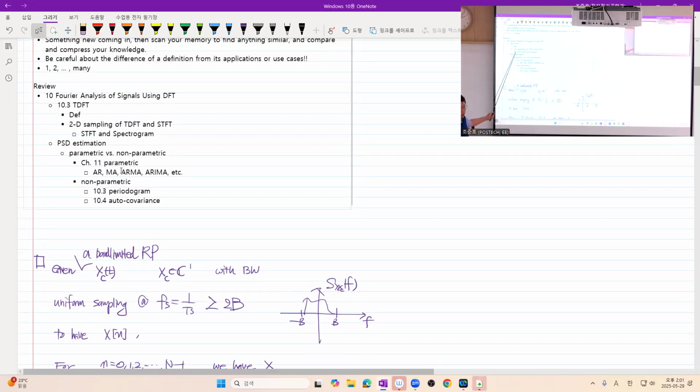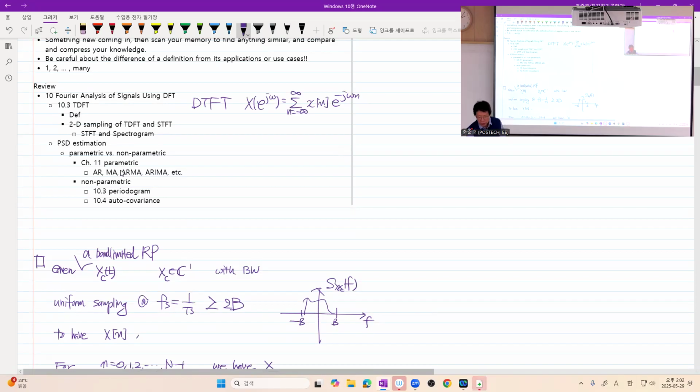Anyway, here goes the review. In the last class meeting, we studied the time-dependent Fourier transform, and that was designed to overcome the problem of the DTFT. So the DTFT of a signal x was defined as the sum of x of n times e to the negative j omega n for all n.